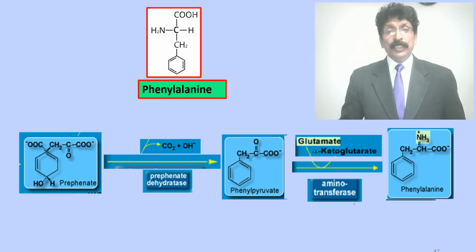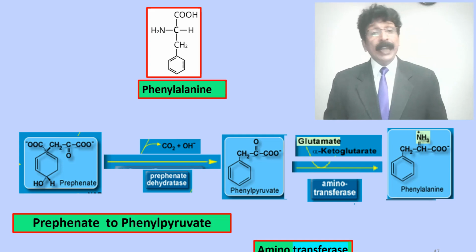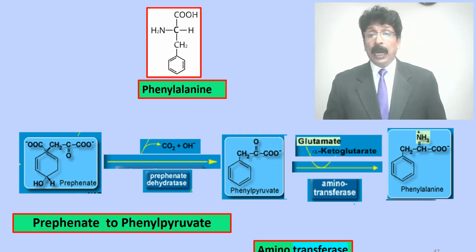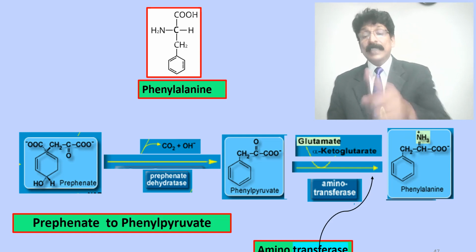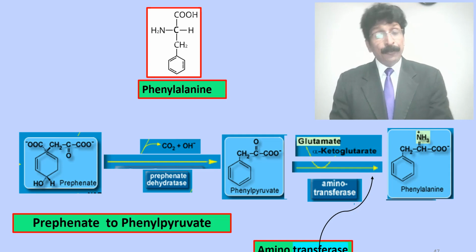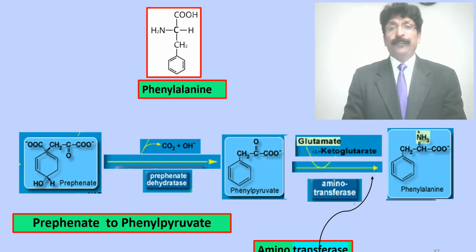So this is the more important reaction. Prephenate is converted into phenyl pyruvate, and the amino transferase shows how glutamate contributes nitrogen to the phenylalanine.